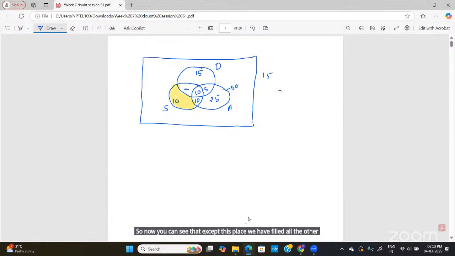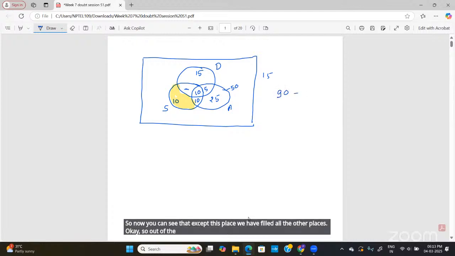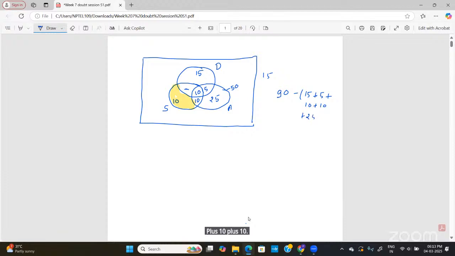Out of the 90, we can tally these: 15 plus 5 plus 10 plus 10 plus 25 plus 10, which equals 75.